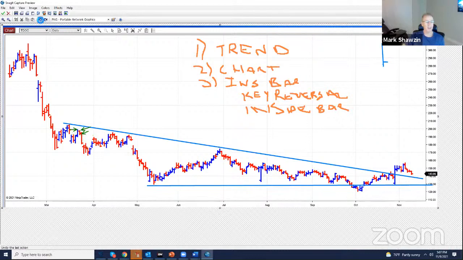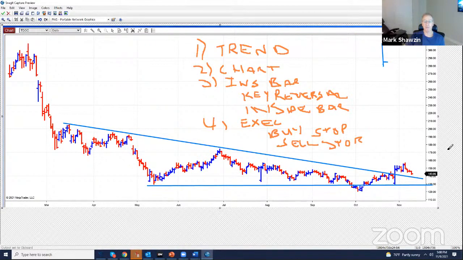And so I layered this 4-step execution plan with an execution that requires me to put a buy stop above a market I want to buy and a sell stop below a market I want to sell.